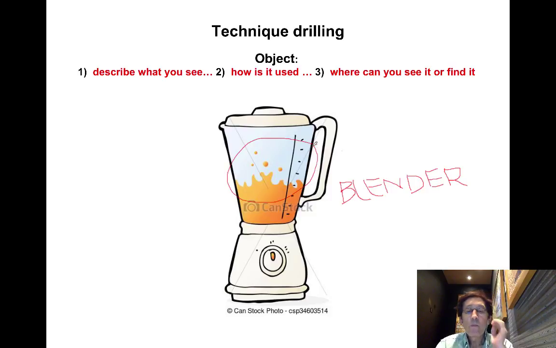We have to put the fruit inside, then we cover the lid, then we turn on the button, and it starts to cut the fruit and turn it into liquid. Then with the handle we pour it out into the glass, then we can drink.